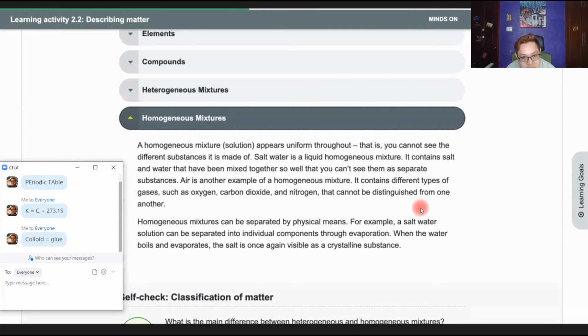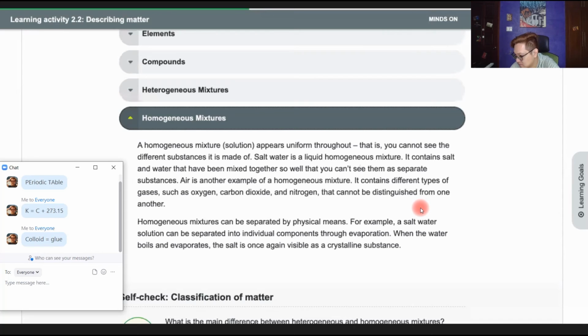Homogeneous mixture, or solution, appears uniform throughout. That is, you cannot see the different substances it is made of. Salt water is a liquid homogeneous mixture. It contains salt and water that have been mixed together so well that you can't see them as separate substances.